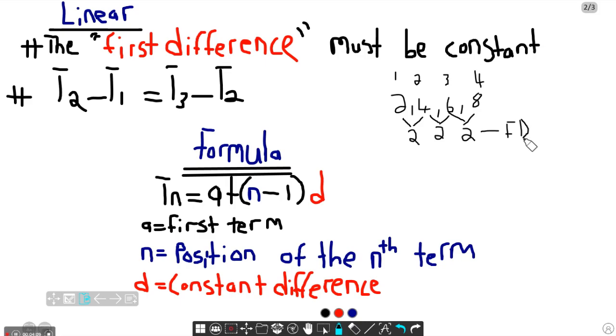Now, our first difference must be constant, right? Immediately, if you're solving a number pattern and you check the first difference and it is not constant, it's going to lead us to quadratic, but I'm going to explain that later.